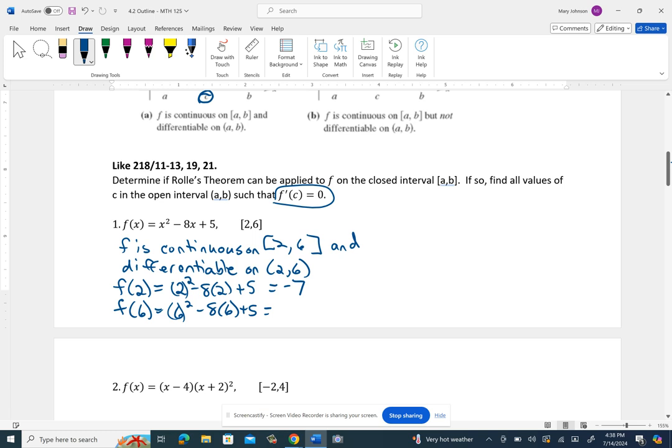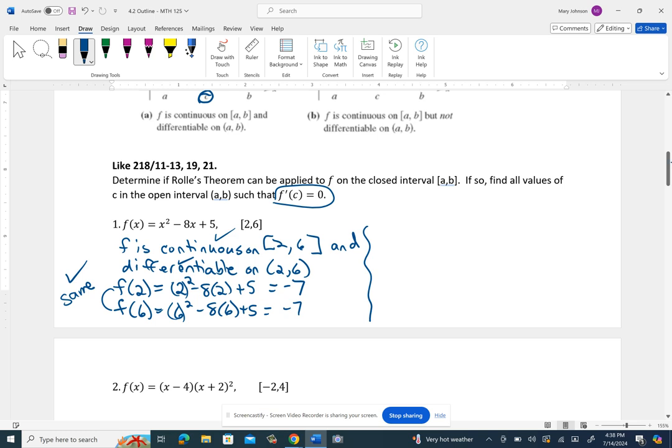When you do that, you get 36 minus 48, which is negative 12 plus 5, which is also negative 7. So it meets all those conditions that have to be met. It's continuous on the closed interval, differentiable on the open interval, and f of 2 and f of 6 are the same value. So it checks that.